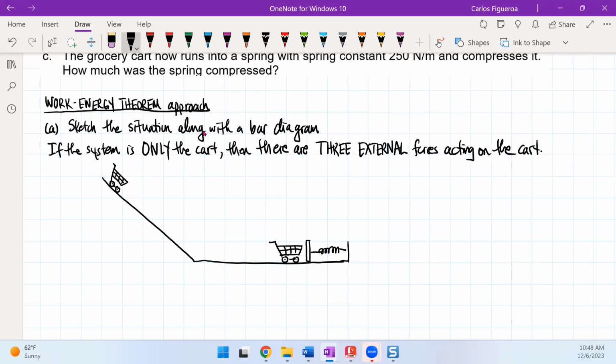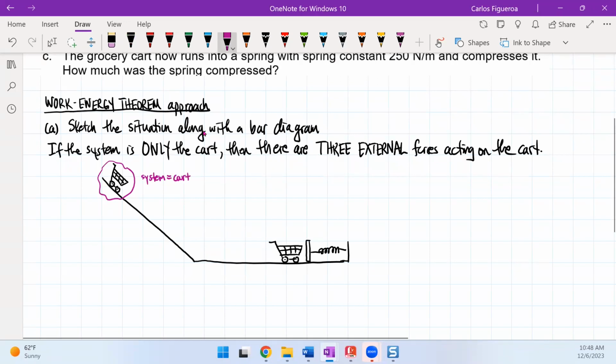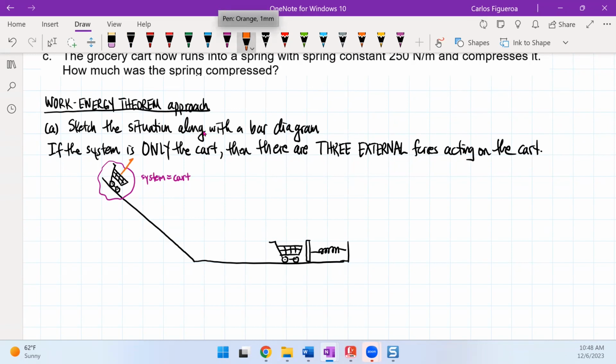So when I look at my system here, here's what I see. When the cart is on the hill, once again, my system is the cart, then there are two forces. One of the forces is the normal force, which is external to the cart, and the other force is the force of gravity here.